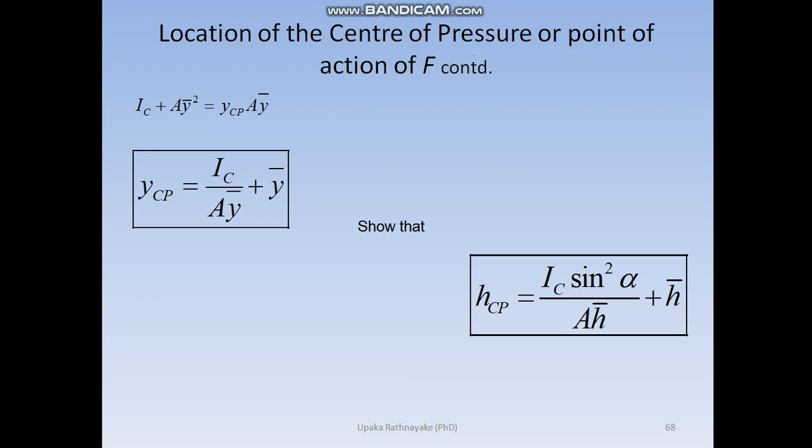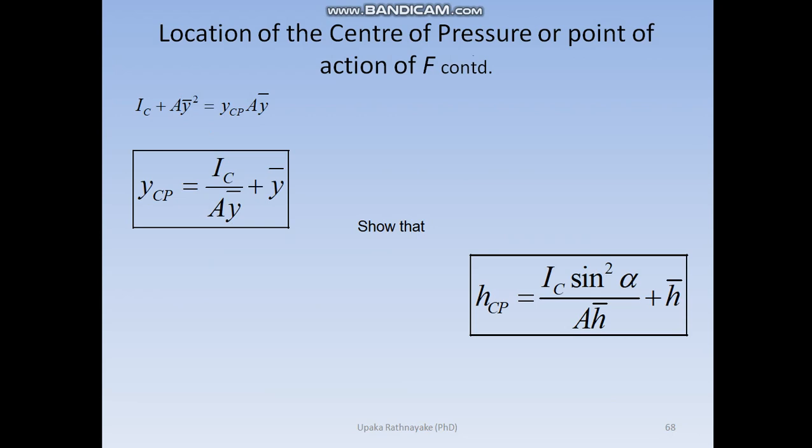Again, we don't like these inclined distances, so we'll consider the vertical distances. h CP, the vertical height from the free surface to the center of pressure, is equal to I C sin squared alpha divided by A h bar plus h bar. What is h CP? Height from the free surface to the center of pressure.